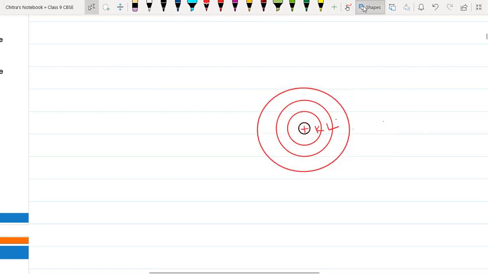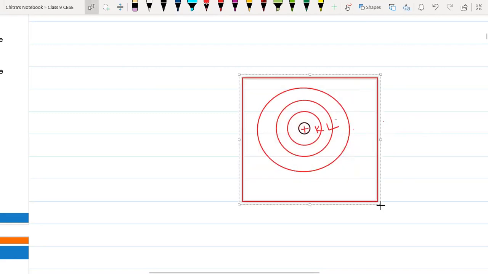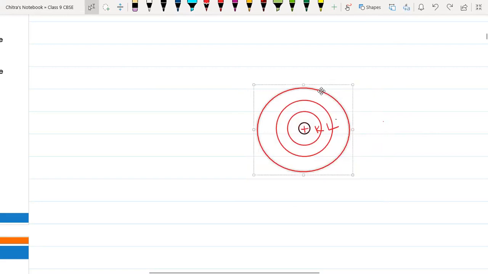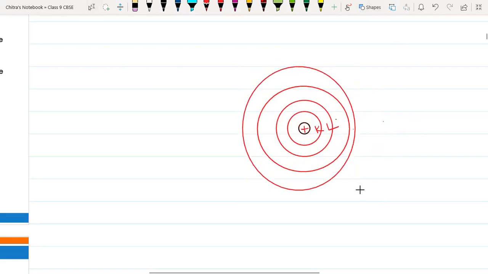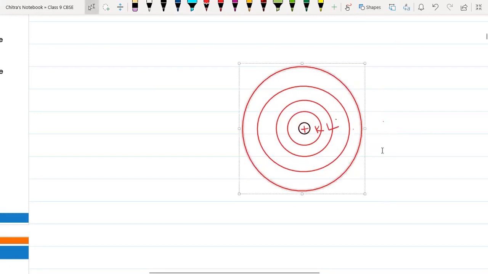After that we have the N shell, that's 32 electrons. So this is the N shell.